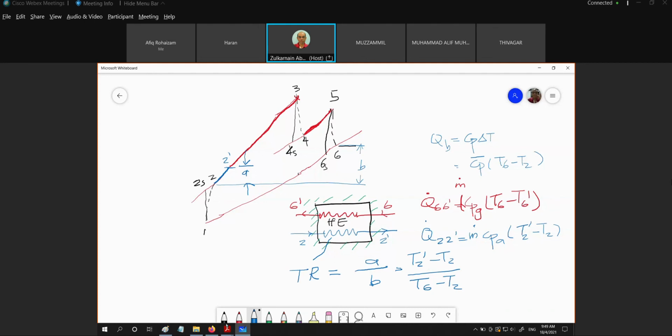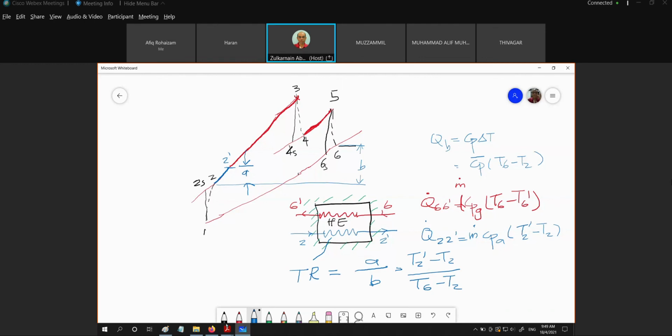The temperature increment of the air after the compressor, which is A, divided by the maximum possible temperature increment, which is represented as B. So this is A divided by B, T2 prime minus T2 divided by T6 minus T2.